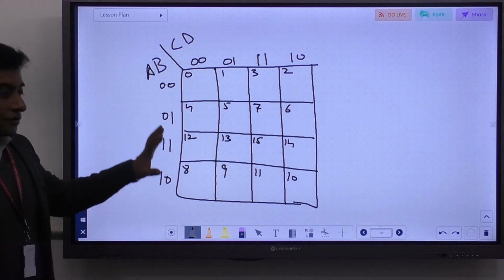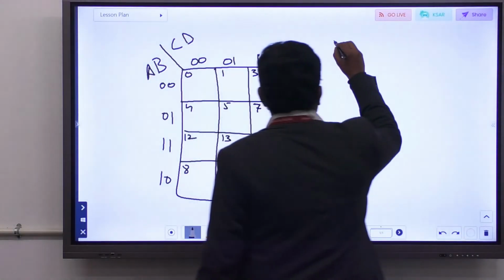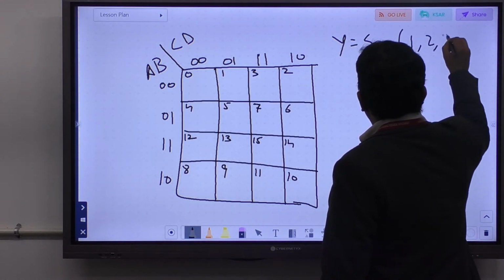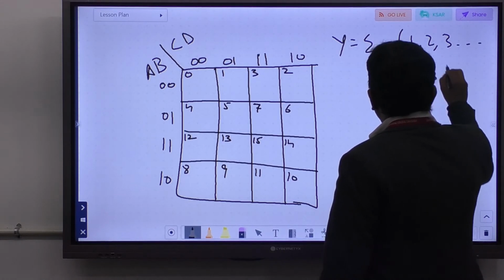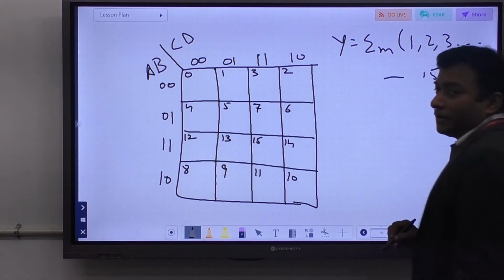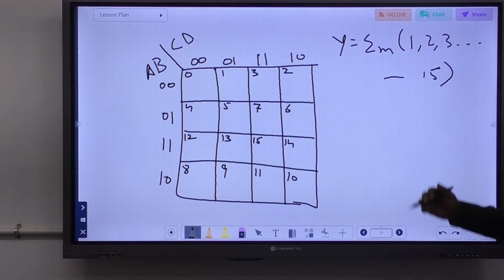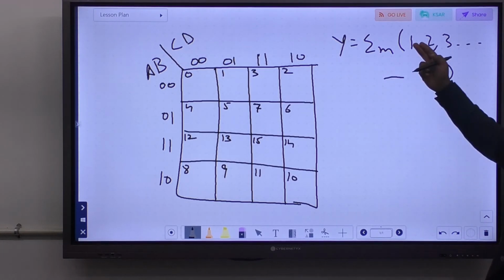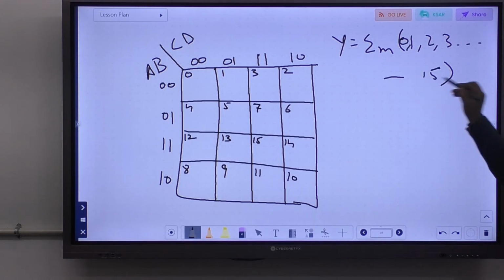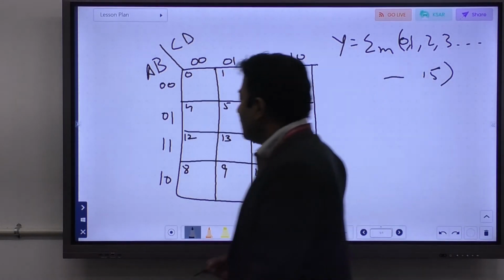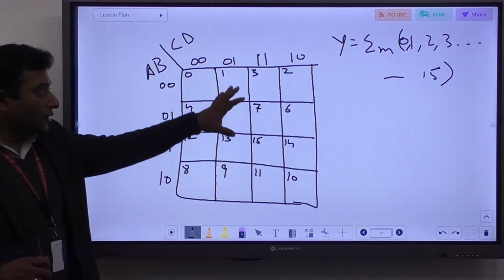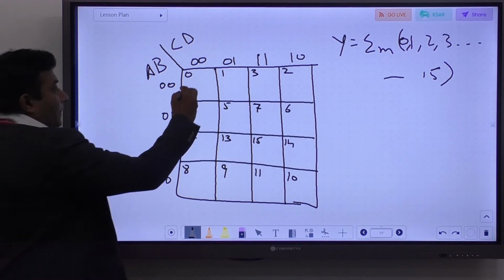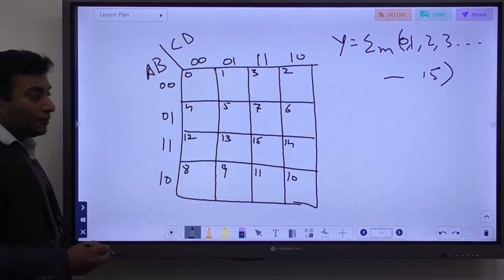The question would be similar to the 3 variable K-map, y equals summation of minterms 1, 2, 3 and so on up till 15. The values can be given. In case of a 3 variable K-map, the values would have been from 0 up till 7. For a 4 variable K-map, the values would be from 0 up till 15. So accordingly, you can plot your min terms or max terms on your K-map, and you would be getting the positions.